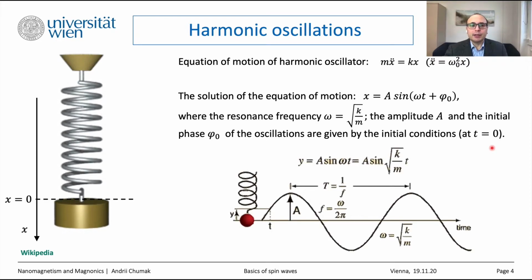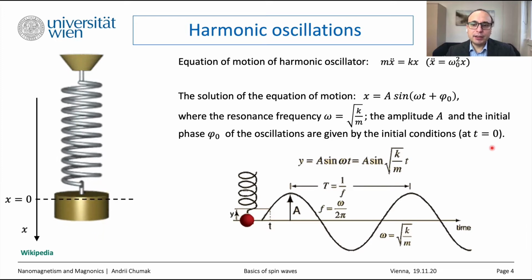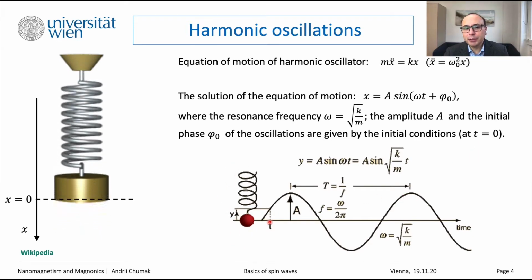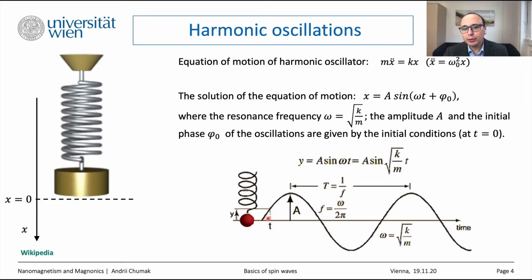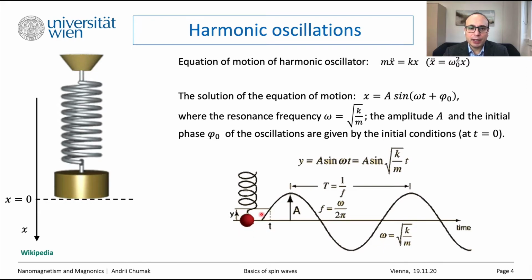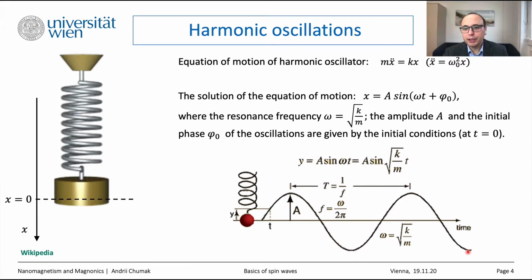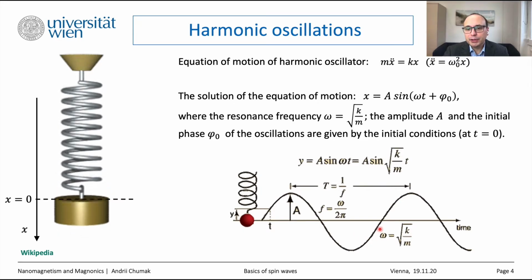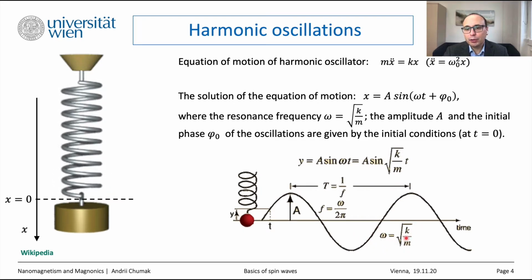Okay, and again, what we have here is plotted the displacement x. You see it can be positive, it can be negative, as a function of time. And then we have such a nice sinusoid. Which parameters do we have here? Circular frequency omega, which is square root of k over m.